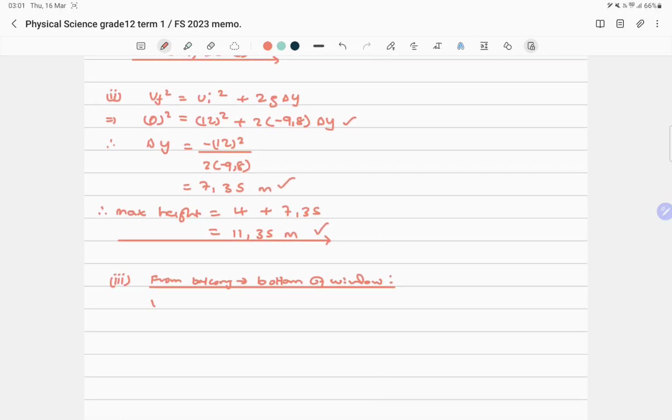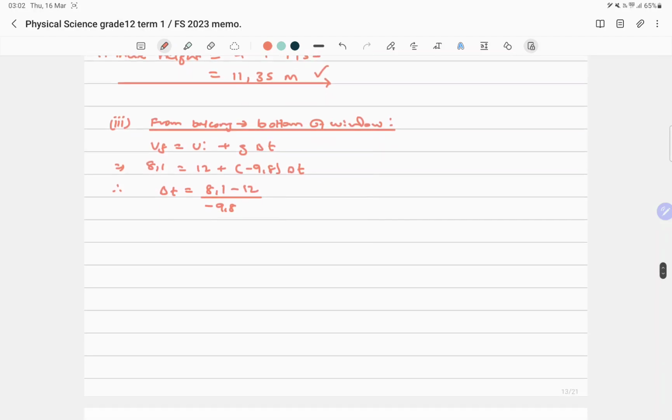Anyway, we know that final velocity is equal to initial velocity plus g delta t. This implies that we've got 8.1 equals 12 plus minus 9,8 times delta t. Therefore, delta t here is going to be 8,1 minus 12 divided by minus 9,8.